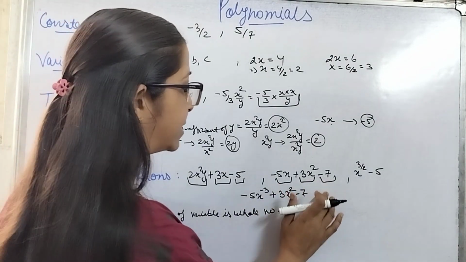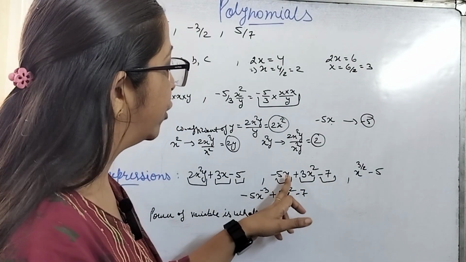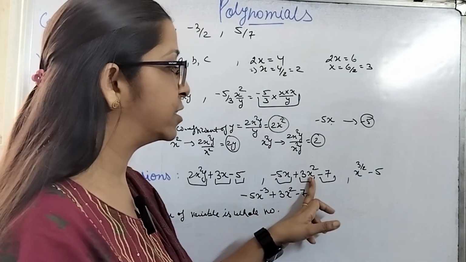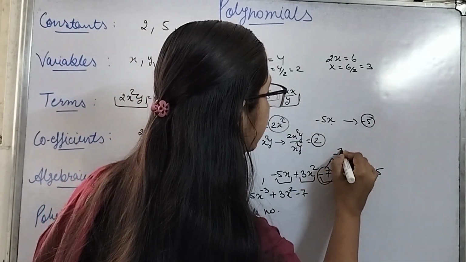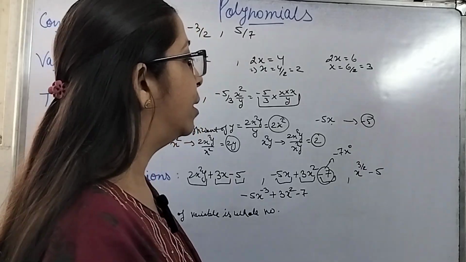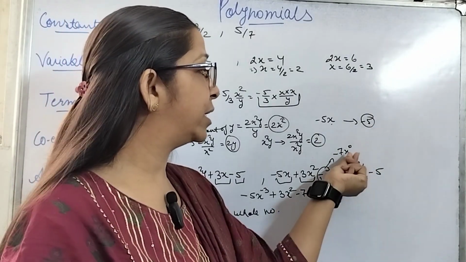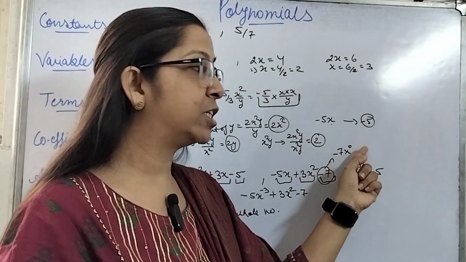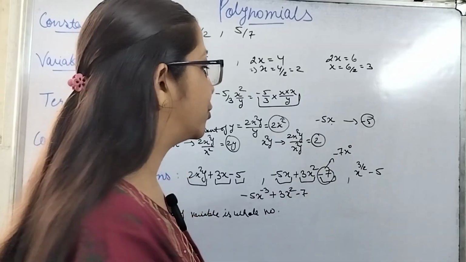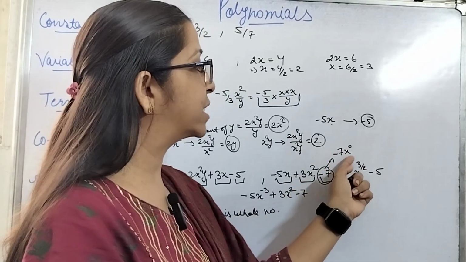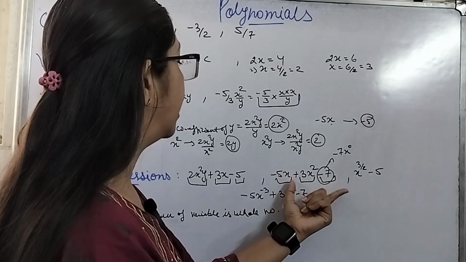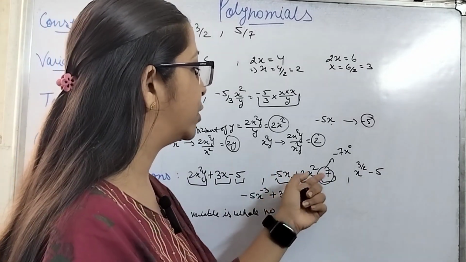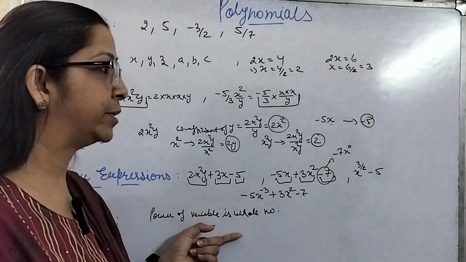If we take this example, over here the power of x is 1, here the power of x is 2. This minus 7 could even be written as minus 7x raised to the power 0. Because any variable raised to the power 0, its value will be 1. So here also the power of x is 0, which is a whole number. That's the reason this is even a polynomial, because all the powers of the variables are whole numbers.